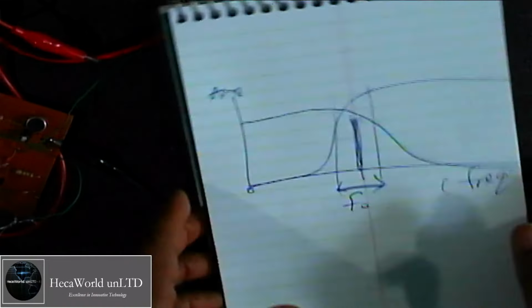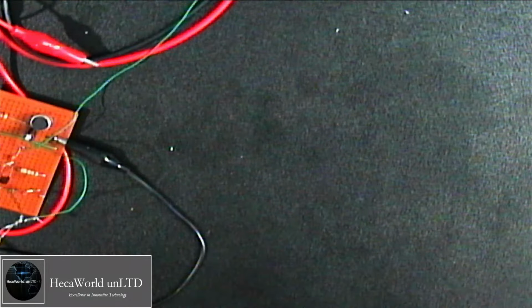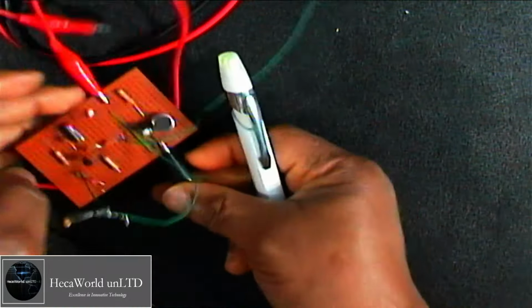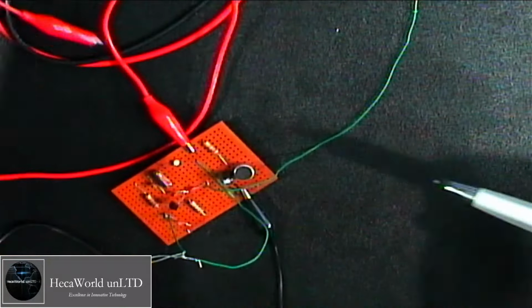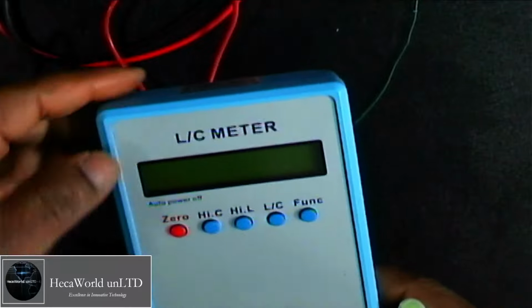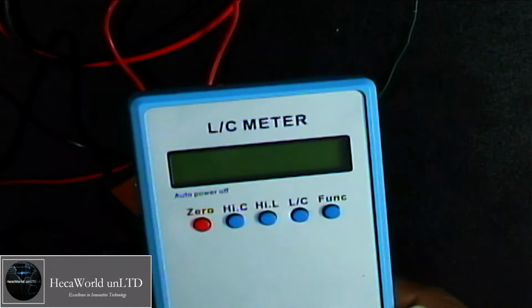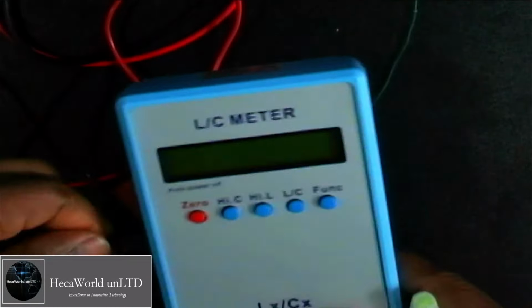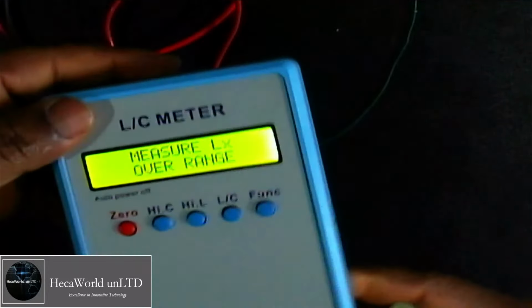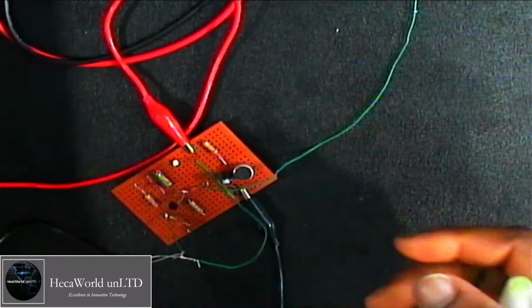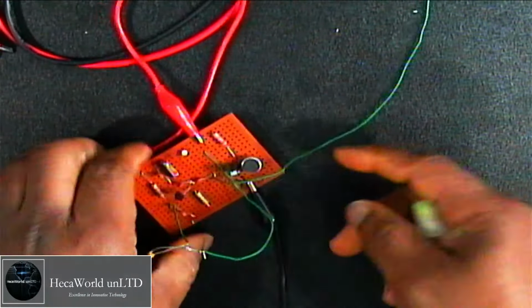So let's test this transmitter we've built. We built it based on the components that we tested last week using this awesome LC meter. Let's turn this on. L is inductor and C is capacitor. We used this 2 weeks ago, sorry, to test these components, and they're really awesome components.